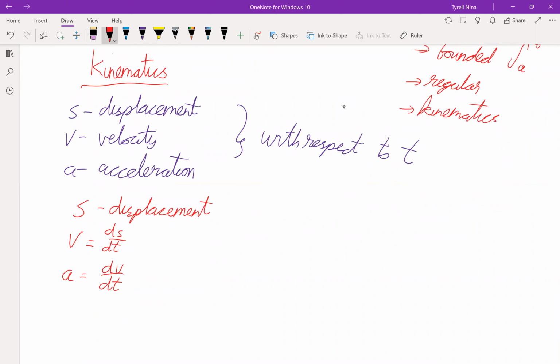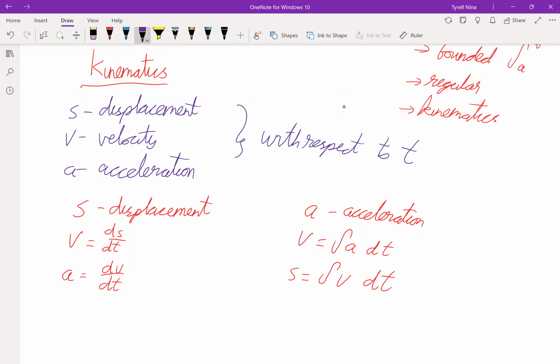And we could go in the opposite direction as well. If I have A as acceleration, then velocity is the integral of acceleration with respect to t, and displacement is the integral of velocity with respect to t.